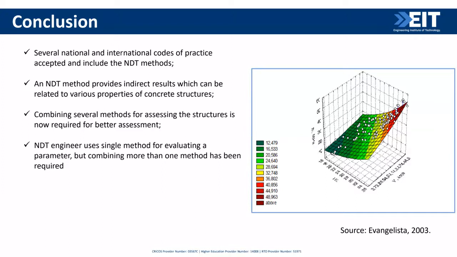Let's say rebound hammer, ultrasonic pulse velocity, you can have a more accurate estimation of compressive strength, if this is the problem you are facing. So more and more in non-destructive tests, engineers working with this technology do not use only a single method. Now it's clear the amount of equipment available. Definitely more than one can be combined, and you can increase accuracy and precision.